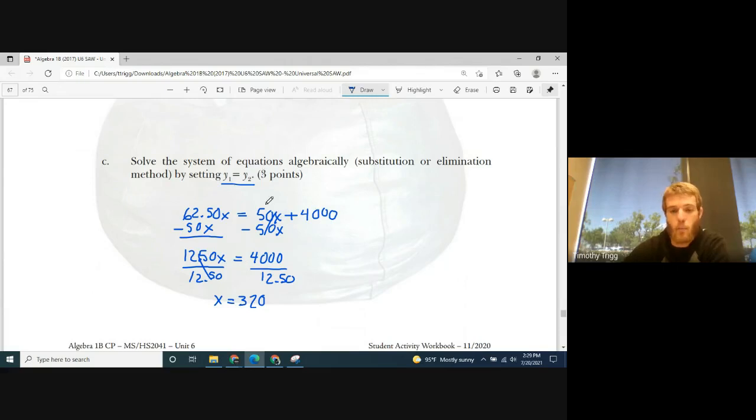We also want to find the y coordinate. So what we can do is plug this 320 into one of the original equations. I'll plug it into y sub 2, which was 62.50x, but I'm going to replace the x with 320. So to find the y coordinate, it'll be 62.50 times 320.